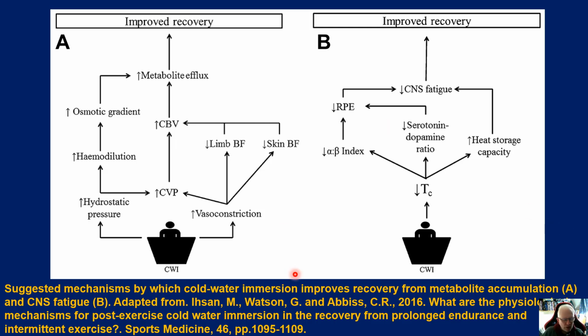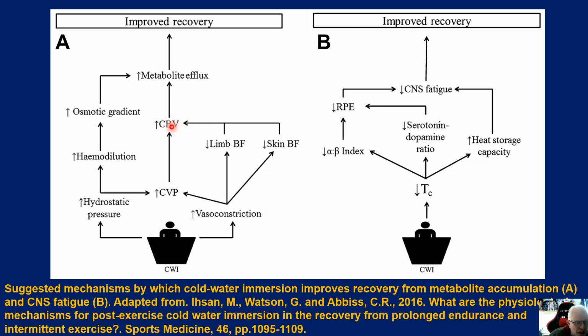So here we've got kind of two approaches, again, which were alluded to a little bit in the larger schematic that we showed a moment ago. And so what you've got here is metabolite accumulation, which is in panel A, and CNS recovery in panel B. All right, so in panel A, you can see here we've got the vasoconstriction, talked about the limb blood flow, obviously a decrease in skin blood flow because you're now trying to reduce heat loss.